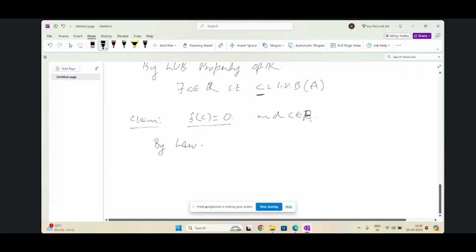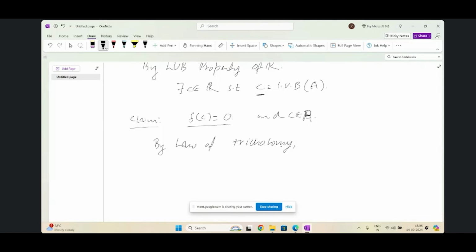By the law of trichotomy, we will exclude the two cases, f of C greater than 0 and f of C less than 0, which means we have to arrive at a contradiction in both these cases, so that we can conclude f of C equal to 0.